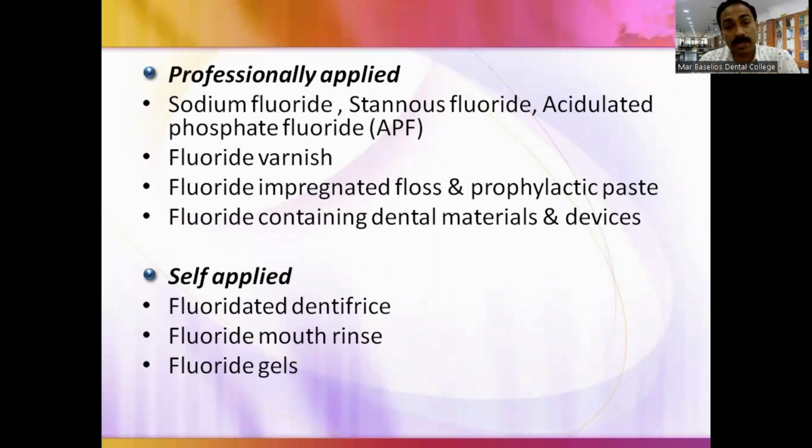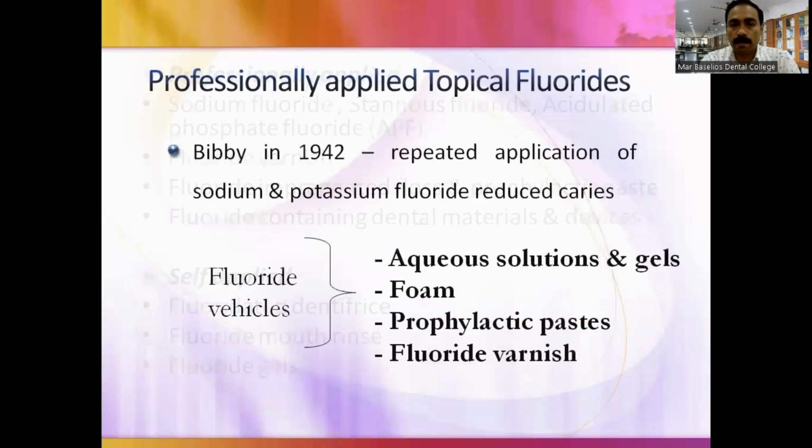Then we also have fluoride varnish, fluoride impregnated flosses and prophylactic paste, or fluoride containing dental materials and devices. The self-applied topical fluorides include fluoridated dentifrice, mouth rinses, and even gels.